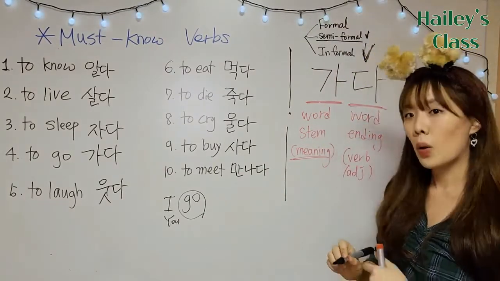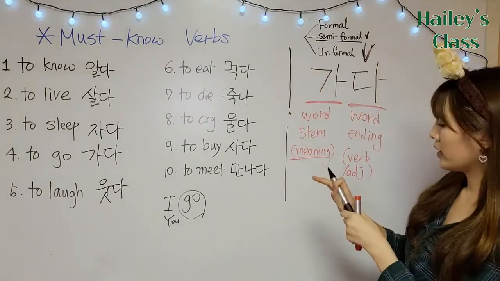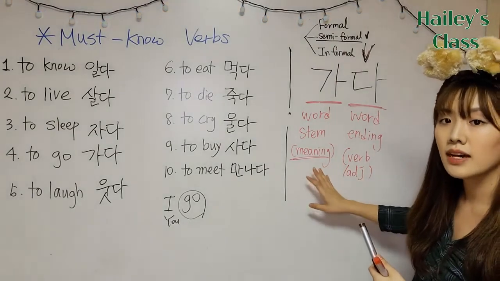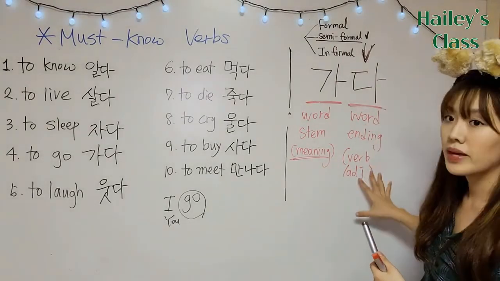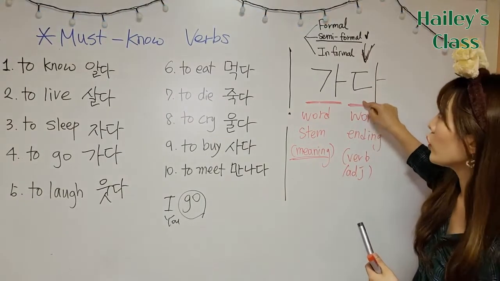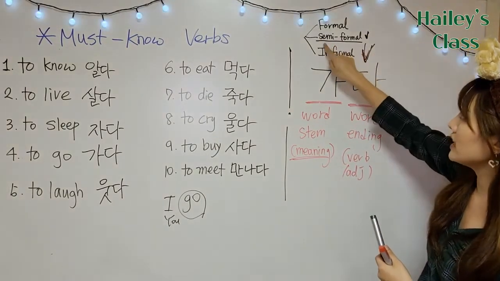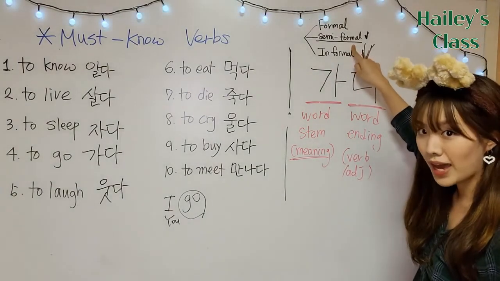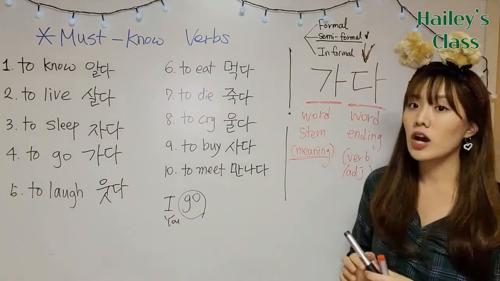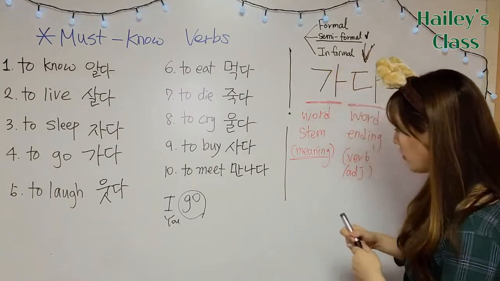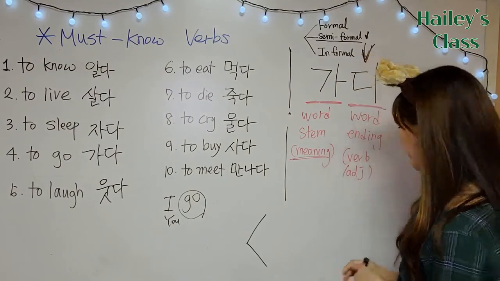Got it? Okay, so this part, I told you, is the word stem, so it represents the meaning. And this form is the dictionary form. 다 is the dictionary form, so we're going to change this part to the semi-formal part. So, how do we change to semi-formal? That's important, right? I'm going to write some things in here.